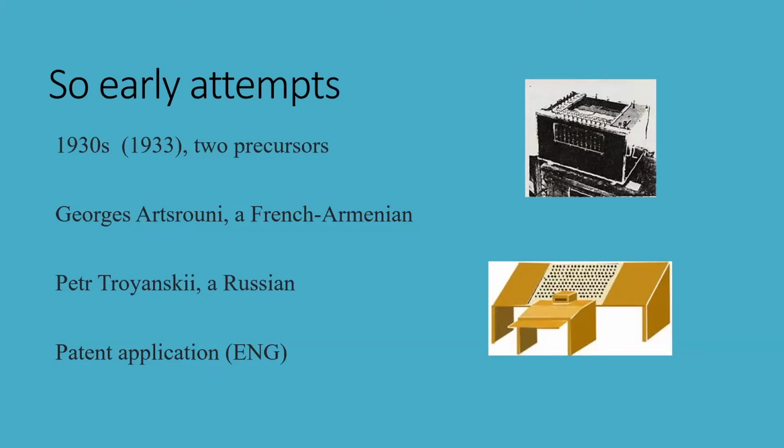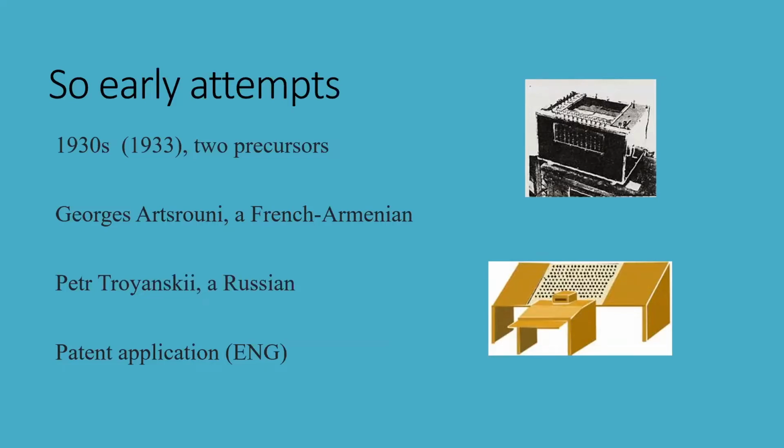In order to make translators work in a quite comfortable way, there have been many efforts by scholars, researchers, and computer scientists in this broad field of translation technology. In 1933, two precursors both applied for patents for so-called translating machines, individually in different contexts and involving different language pairs.